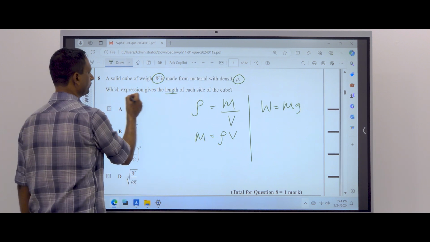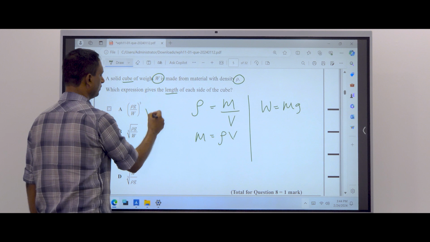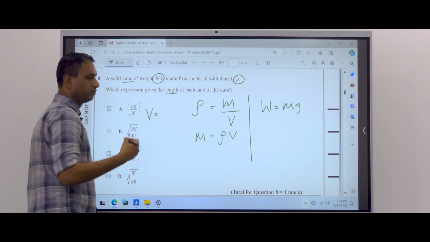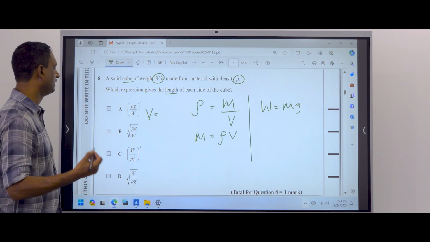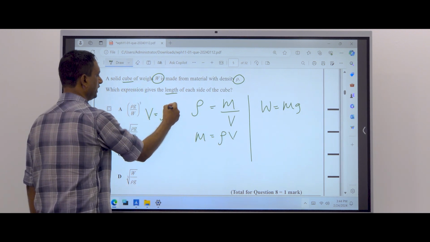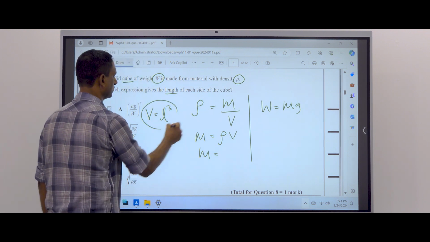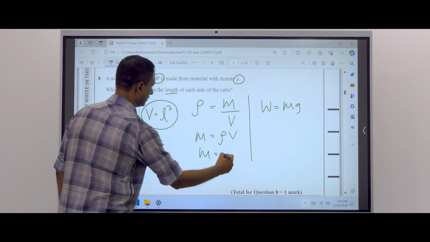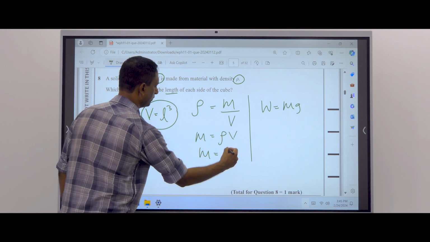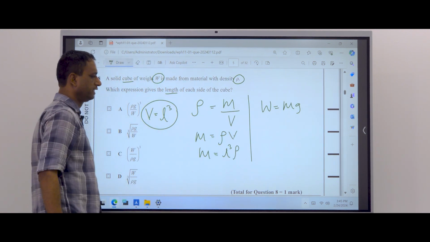This is a cube. What is the volume of a cube? Length times breadth times height. Length is L, breadth is L, height also L because it is a cube, so L cubed. Then m equals L cubed rho.